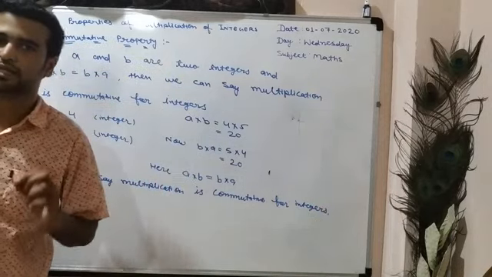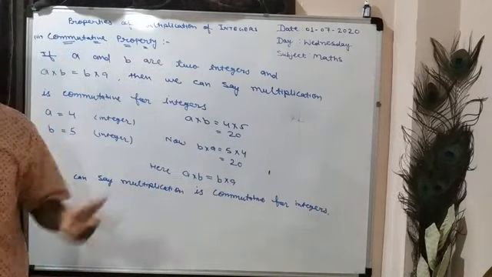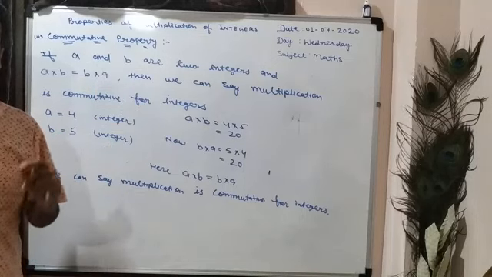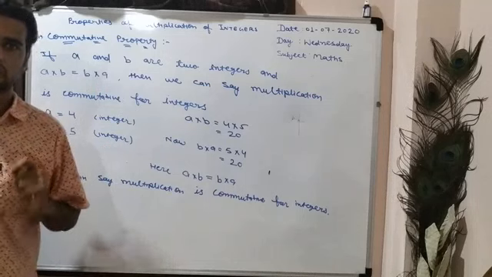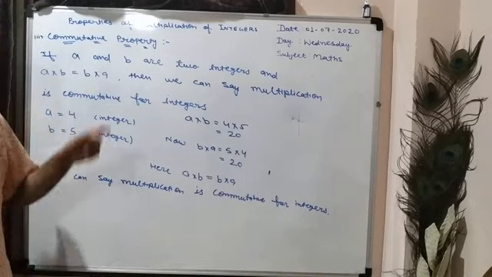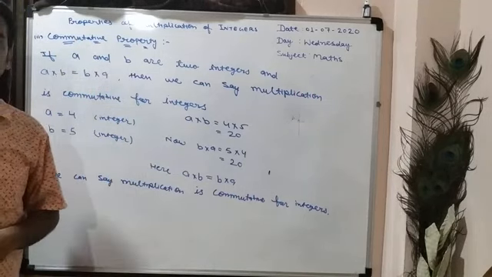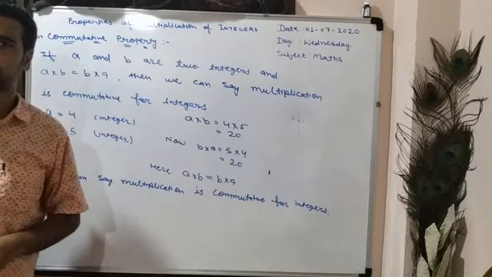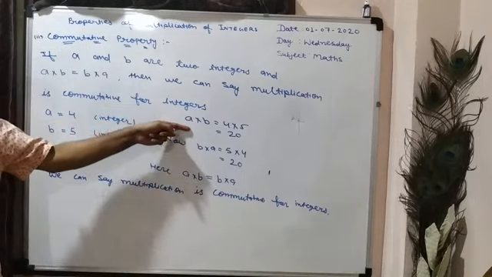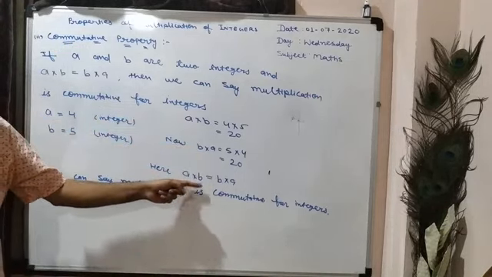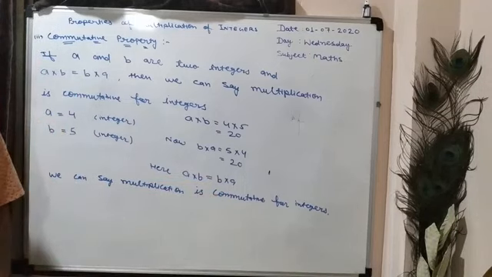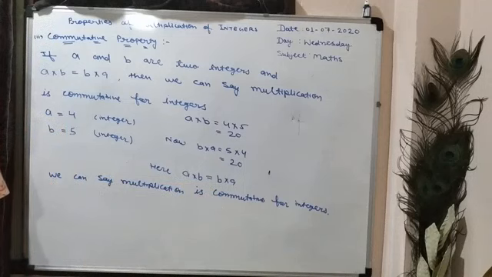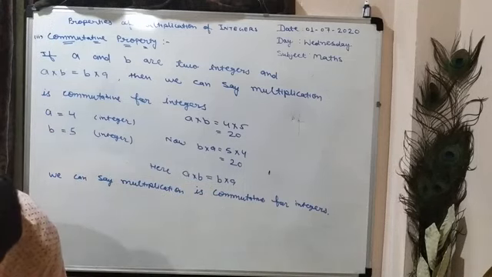Commutative property is same as we have already studied in addition and subtraction operations. Only the main thing is that if we change the order of integers and perform multiplication operation, then there will be no change in the result. a into b is equal to b into a. If we are getting same result, then we can say integers are commutative under multiplication.